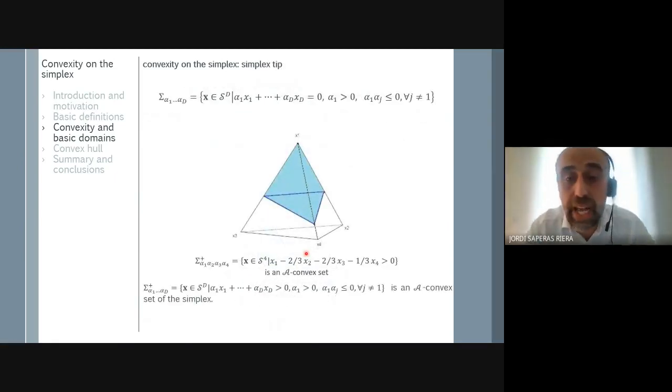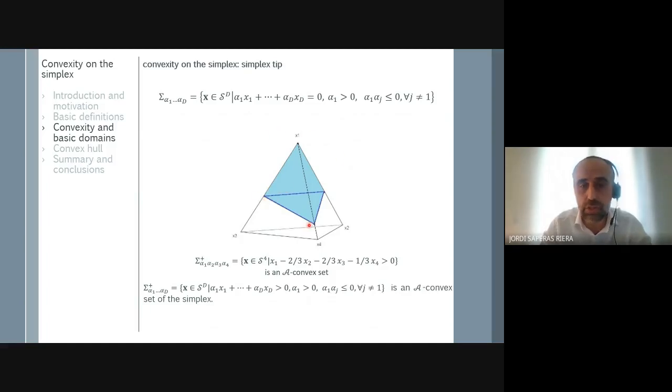We can generalize the simple hypersurface to this situation, the simplex tip. We define the simplex tip as a hypersurface defined by a homogeneous polynomial of degree 1 that cuts all the edges that converge in a same vertex.